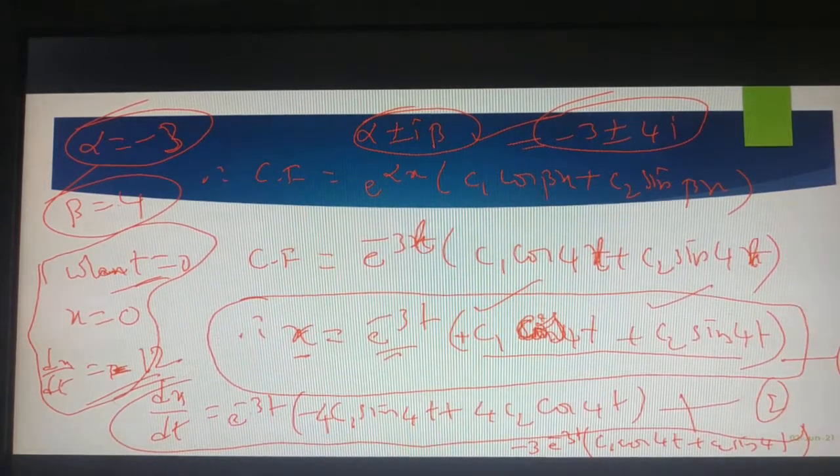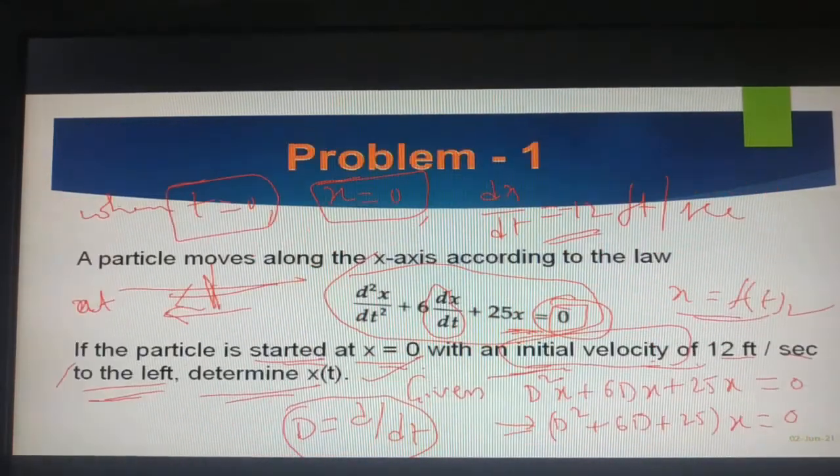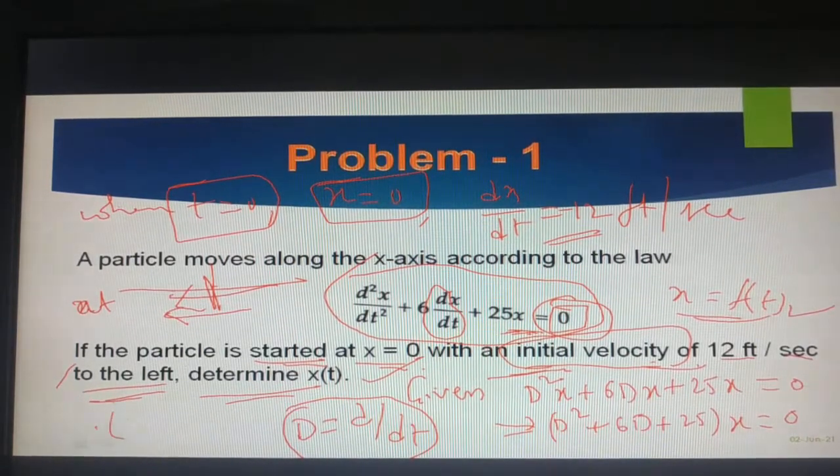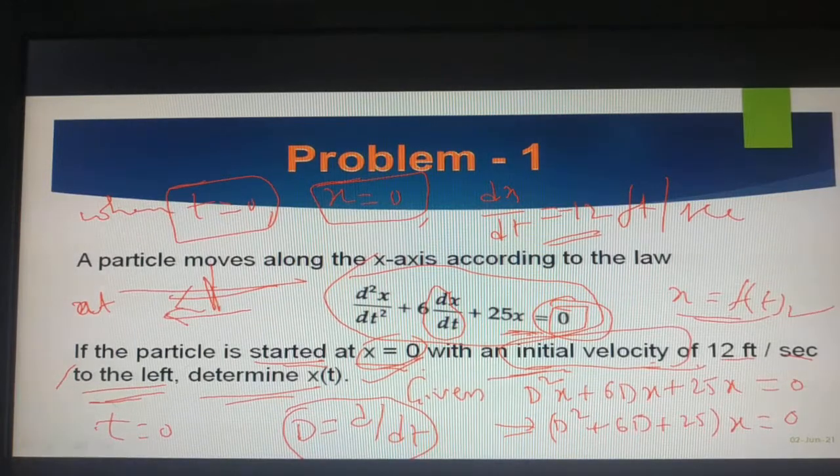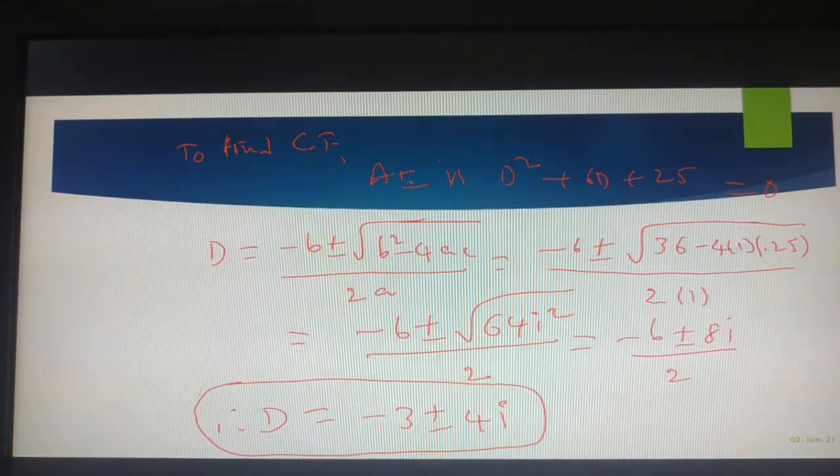Now we have x, and I want to find dx by dt also for this. The reason is, in the given problem, they are given some initial conditions when t is equal to 0. When t is equal to 0, x value is 0 and initial velocity dx by dt value is minus 12 because it is going left. So these two conditions I want to utilize in these solutions.